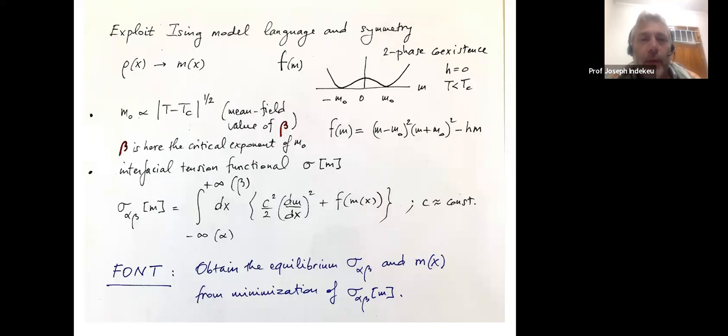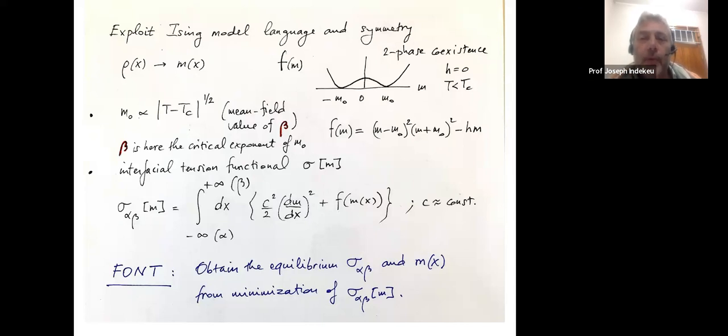So in the Ising model language and the Ising model symmetry, there is perfect symmetry between liquid and vapor, and there is perfect symmetry between the two liquids in the binary mixture, in such a way that we can map the system onto the Ising ferromagnet, which has perfect symmetry between up and down orientation for the magnetization, at least in zero external magnetic field.